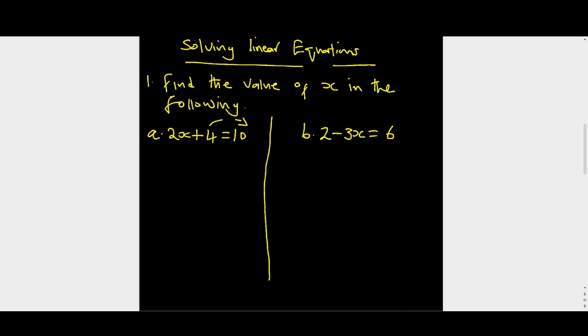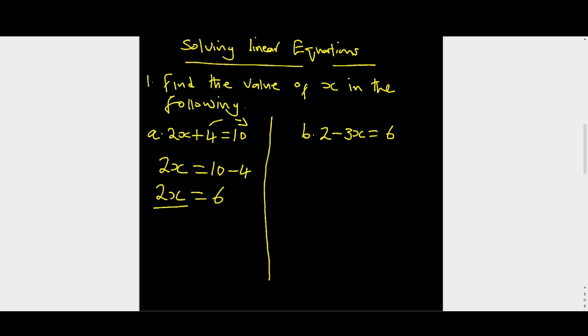So I'm going to have 2x equal to 10. This 4 is positive here, so when it goes to the other side, we're going to have minus 4. So 2x will equal 10 minus 4, which is 6.